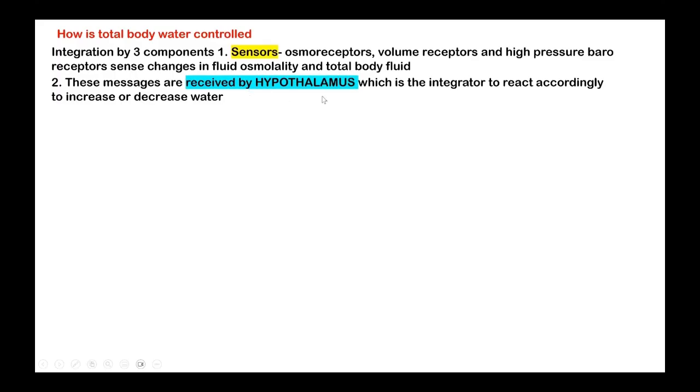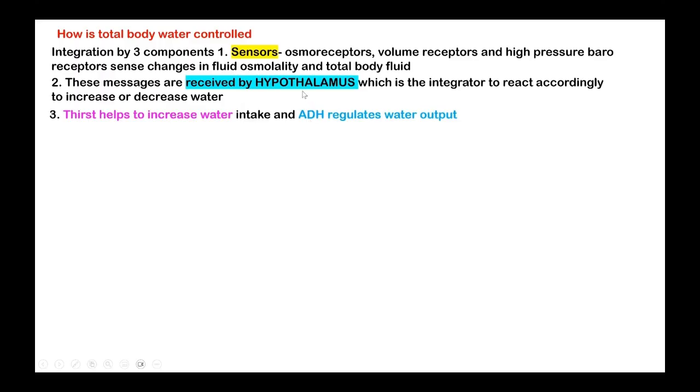These messages are received by the hypothalamus, which is the integrator for all three, to increase or decrease water intake. So when there is low water content, it stimulates thirst to increase water intake. When there is high water content, it also stimulates ADH to retain water.